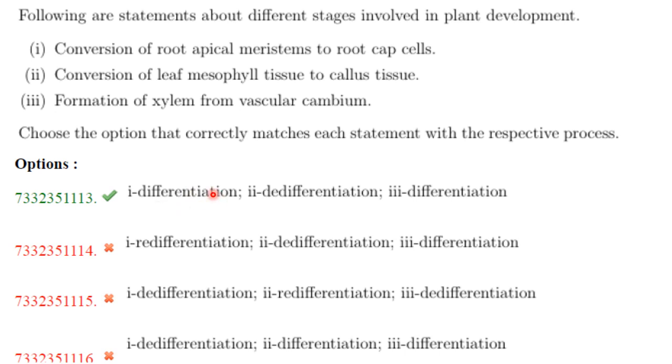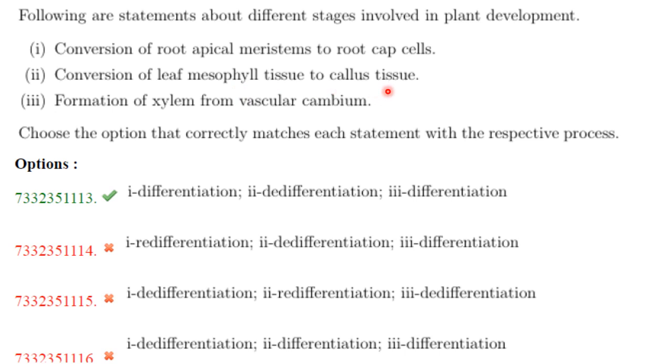So the first one is differentiation, that is conversion of root apical meristem to root cap cell. The meristematic tissue here undergoes permanent change to form specialized cells of the plant body. So it is differentiation. Then conversion of leaf mesophyll tissue to callus tissue.